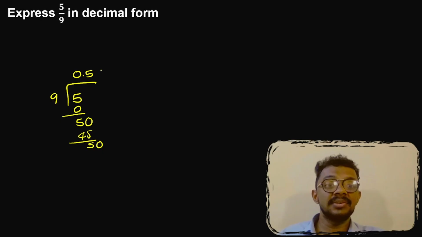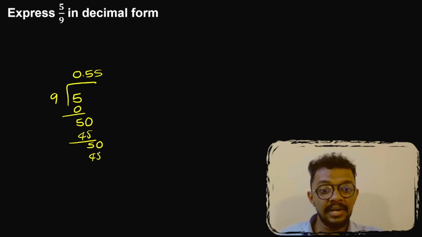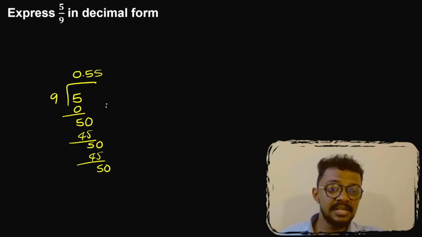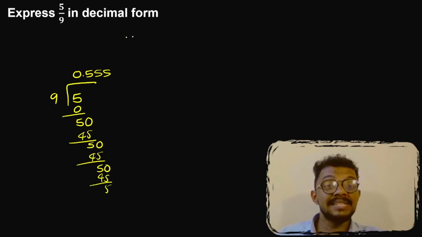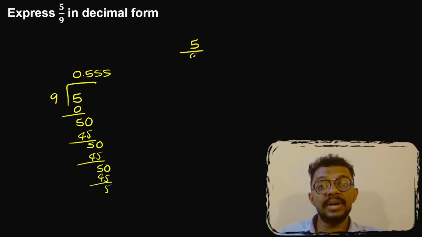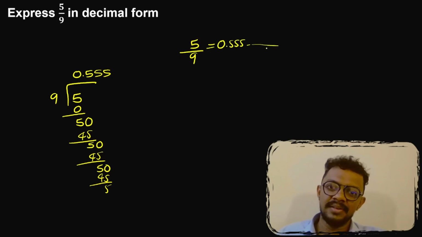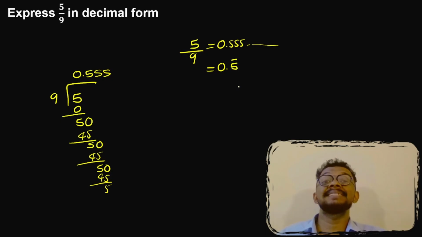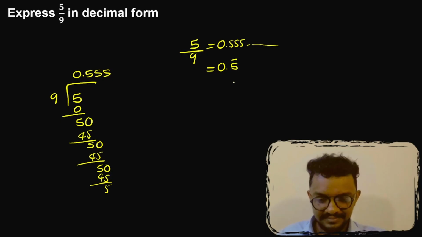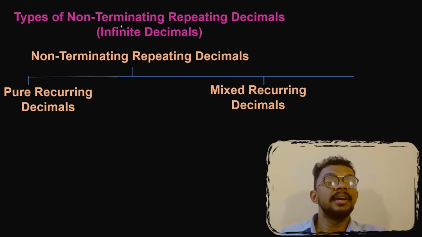In 50, how many 9's are there? 5 again, remainder 5, and it is never ending. So basically the decimal expansion of 5 by 9 is 0.555 etc. or 0.5 bar. 5 is repeating. Hope you understood how it works.